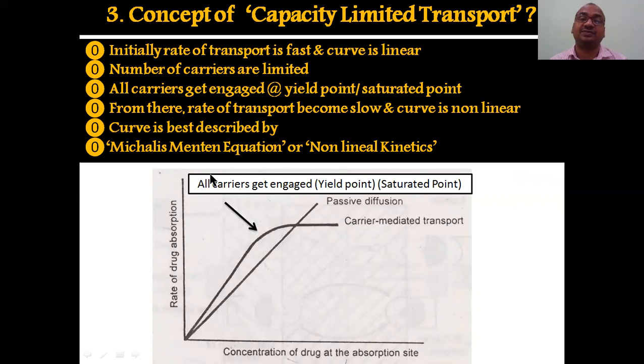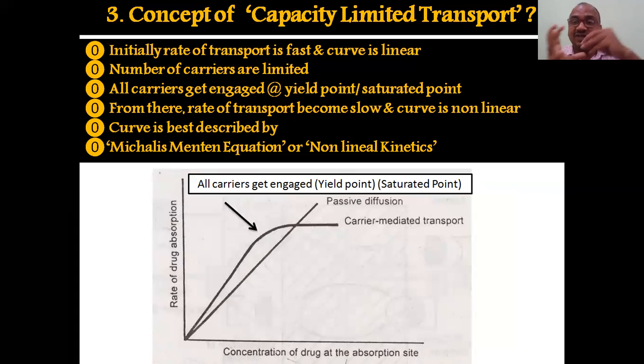And the concept of capacity limited transport. Why is this called a capacity limited transport? Initially the rate of transport is very high because it is directly proportional. At one point, all the carriers present in that area will be engaged with drug particles.